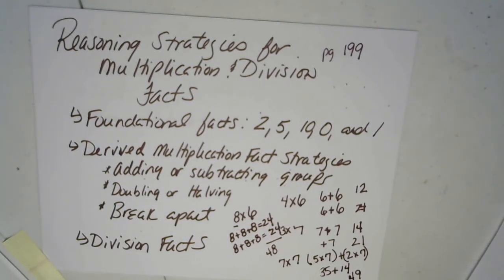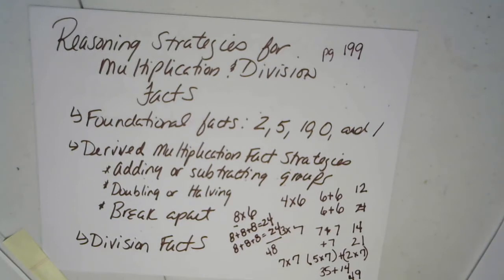There are other examples too. And then division facts. Mastery of multiplication facts and connections between multiplication and division are key elements of division fact mastery. For example, to solve 36 divided by 4, we tend to think 4 times what is 36?